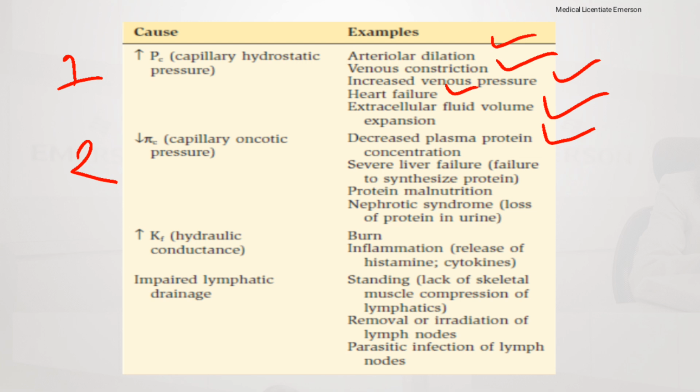So, decreased plasma protein concentration. Then the other thing is severe liver failure, which leads to failure to synthesize protein, again albumin, protein malnutrition, and nephrotic syndrome, which leads to loss of protein in urine. So in short, in nephrotic syndrome there is hypoalbuminemia, which is low albumin again.